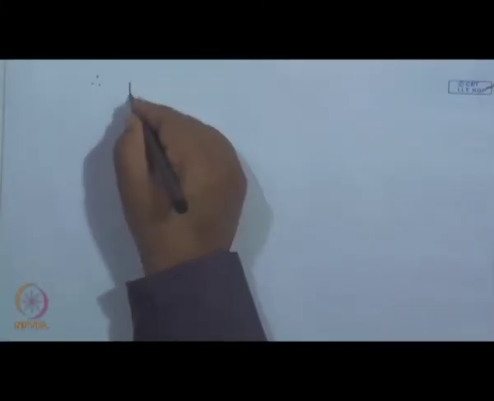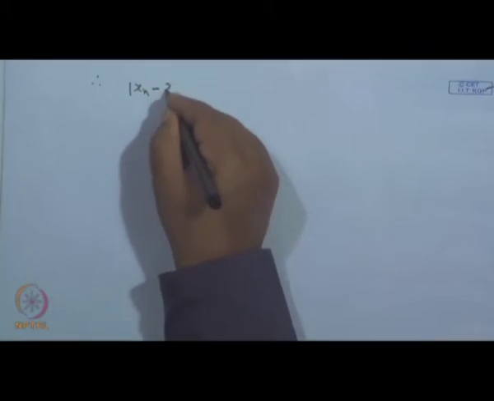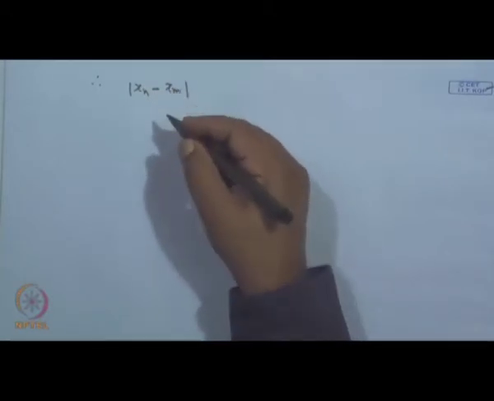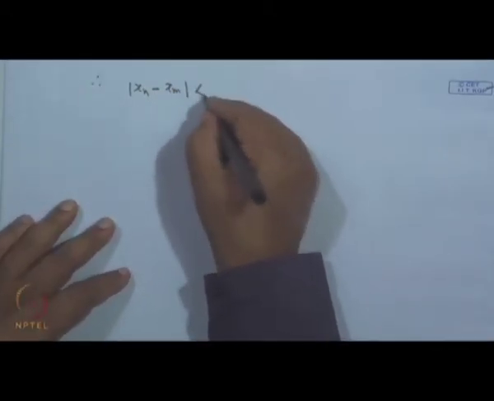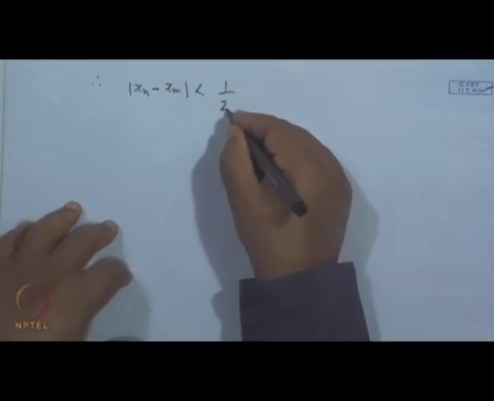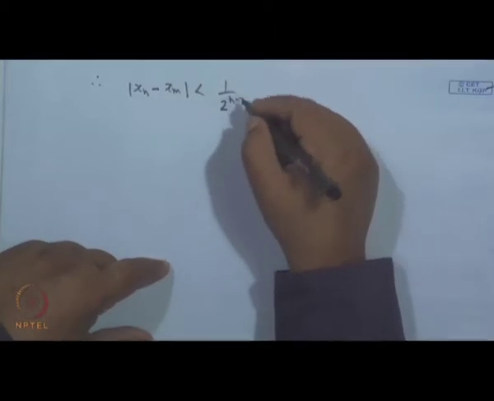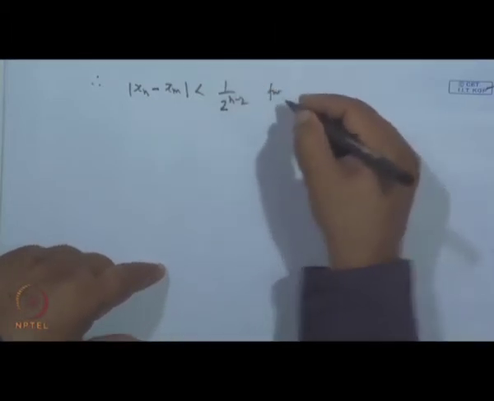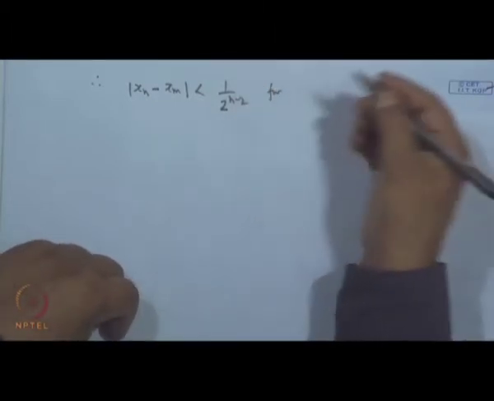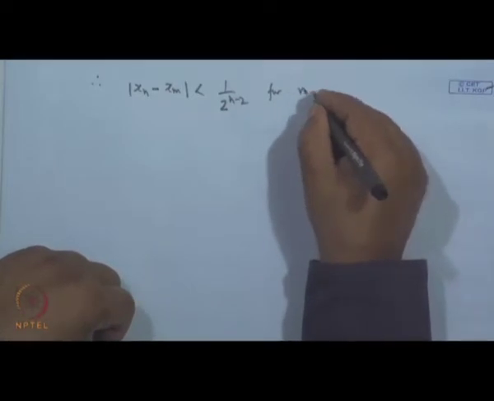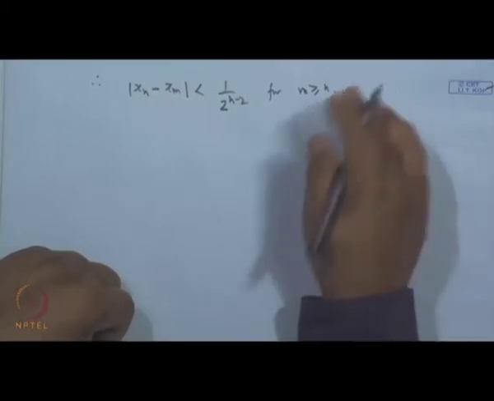So what we get from here is, therefore, mod of x n minus x m is less than 1 upon 2 to the power n minus 2, and this is true for all large n, when m is greater than or equal to n. Okay, that's one.